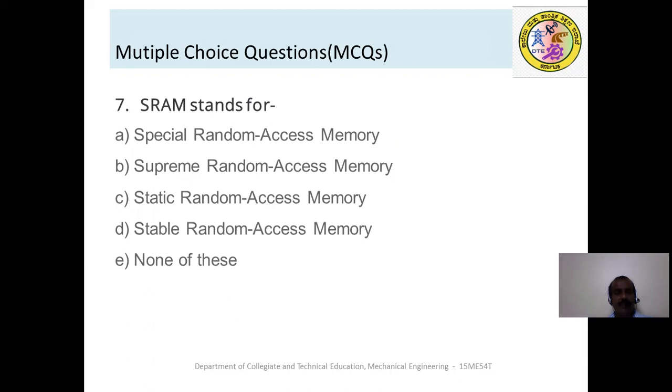SRAM stands for Special Random Access Memory, Supreme Random Access Memory, Static Random Access Memory, Stable Random Access Memory, none of these. SRAM stands for, the answer is C, Static Random Access Memory.